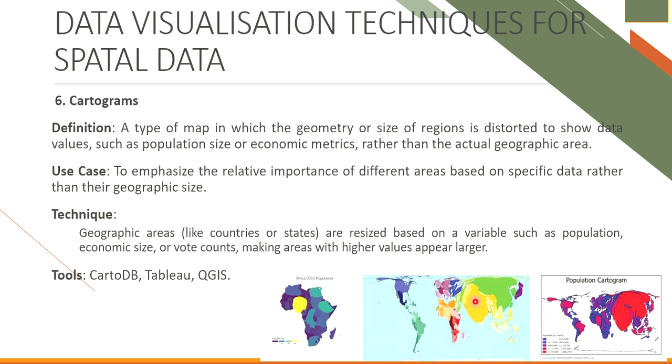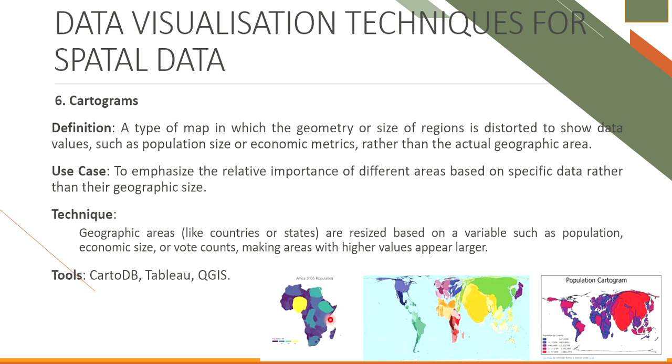Irrespective of the geographical size, we enlarge it or remove some contents. For example, this is actually a smaller area, but I make it larger just to show that in this particular region more sales happened. So that is why I'm enlarging that.